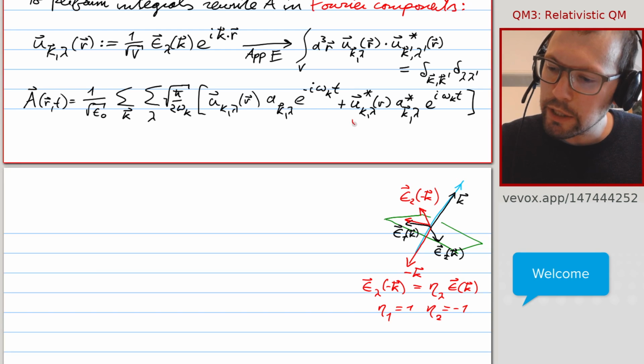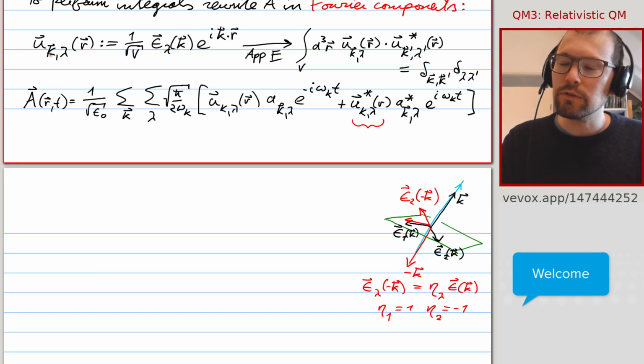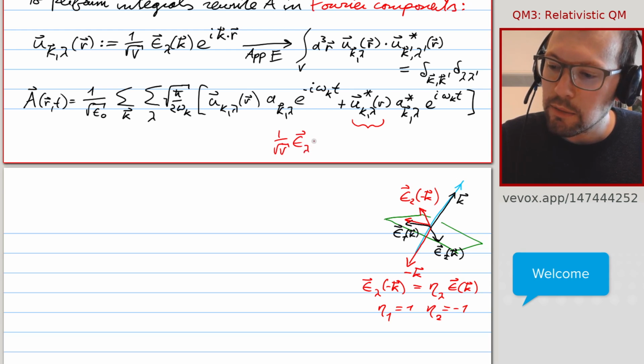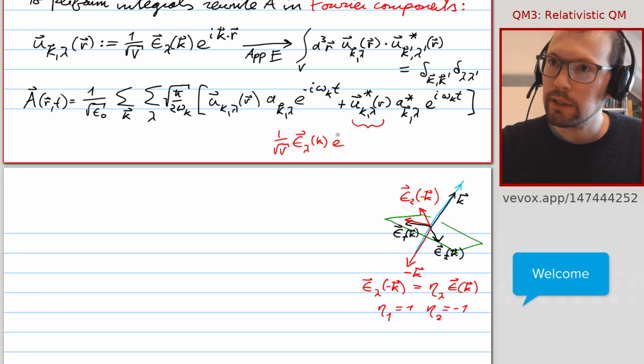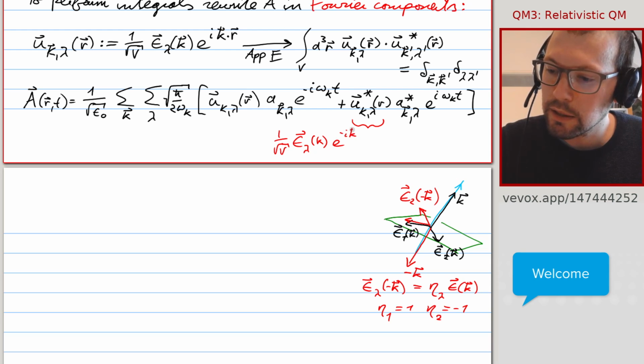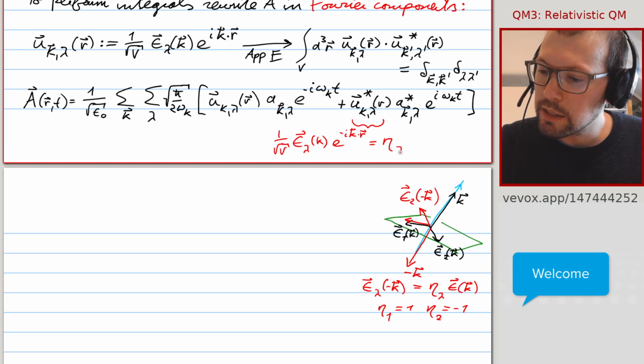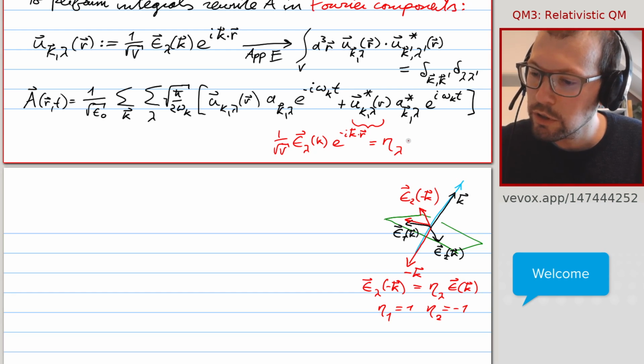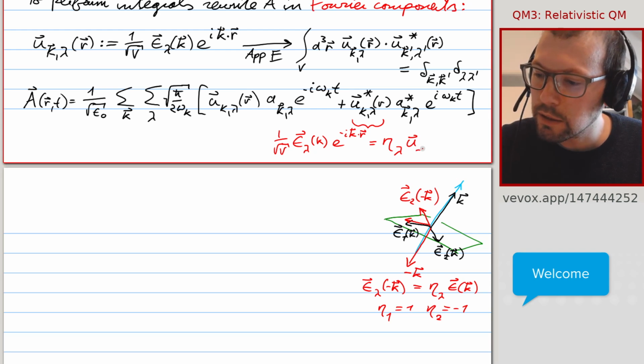So now it's clear how we can express this part in terms of the original Fourier mode. So this is 1 over square root V, epsilon_λ(k) e to the minus i k·r. So this is exactly eta_λ times epsilon_λ(−k) times u_{−k,λ}(r).